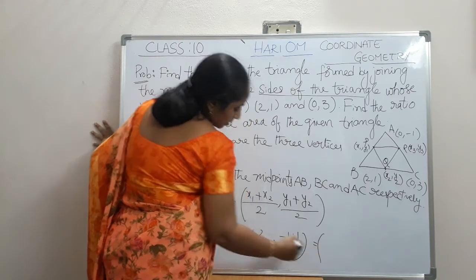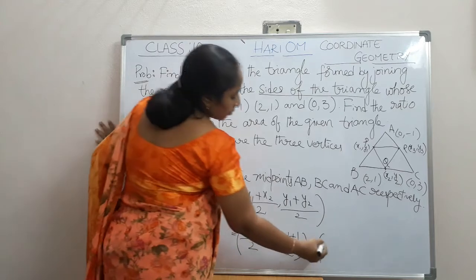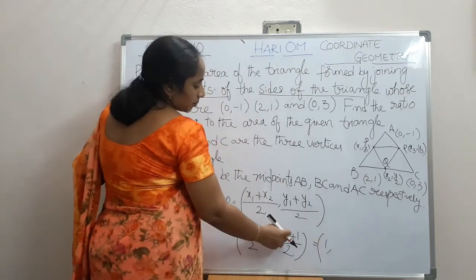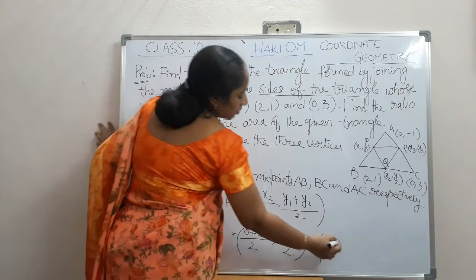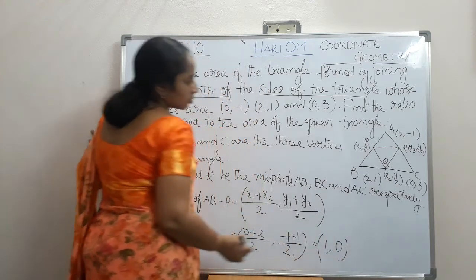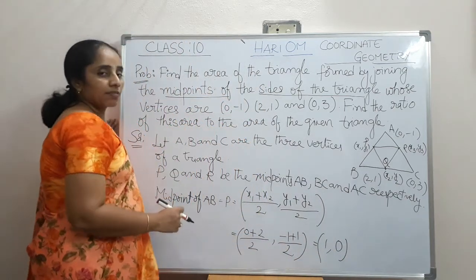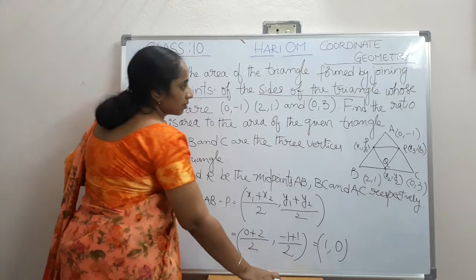It is 2 by 2, 1, and -1 plus 1 is 0, by 2, 0. So point P is (1, 0).